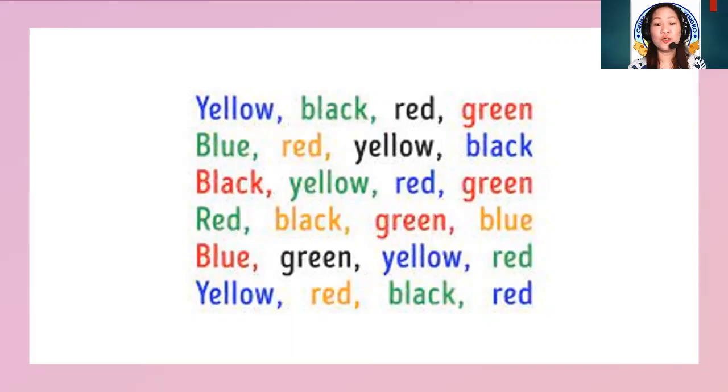You're not going to read the word itself; you are going to tell me the color itself. Like for the first line, I am going to tell you blue, green, black, and red, and so on and so forth. So you're not going to read the word. You are going to tell me the colors. Okay? So are you ready? Who would like to try?